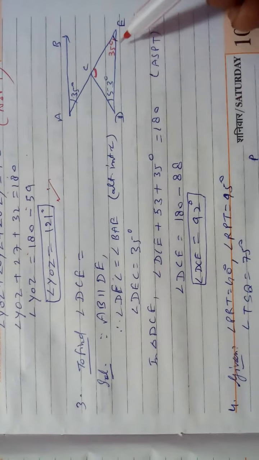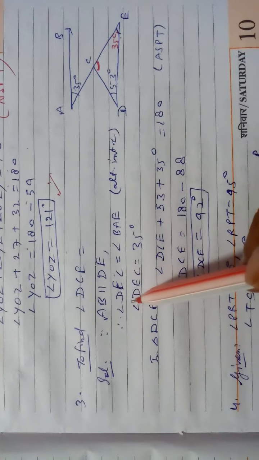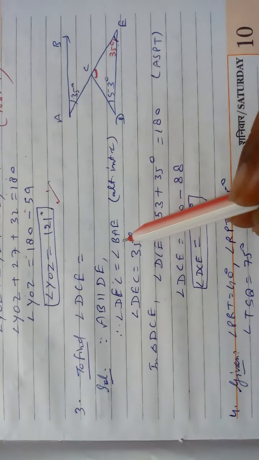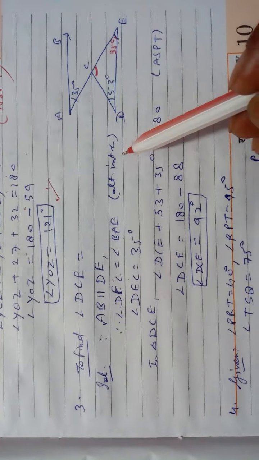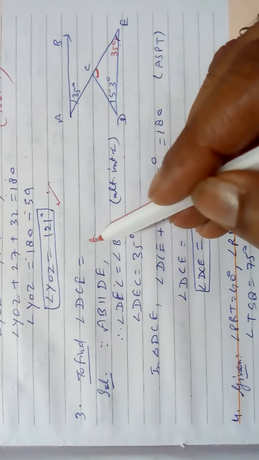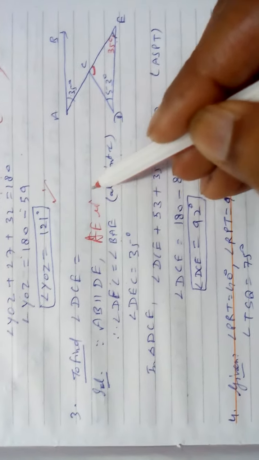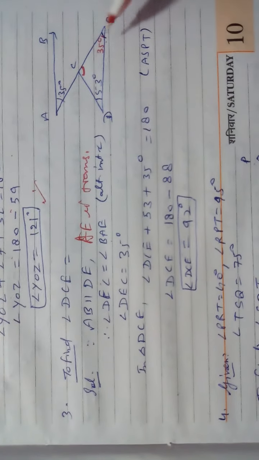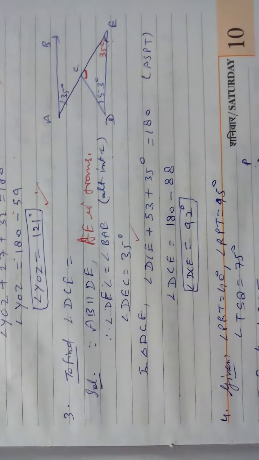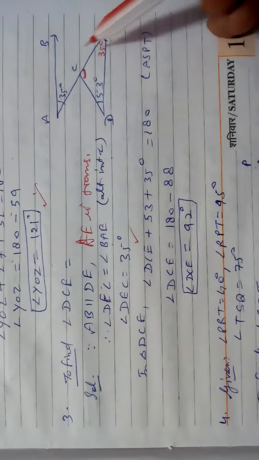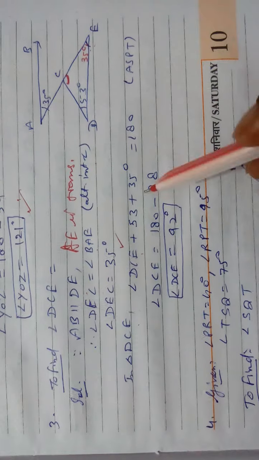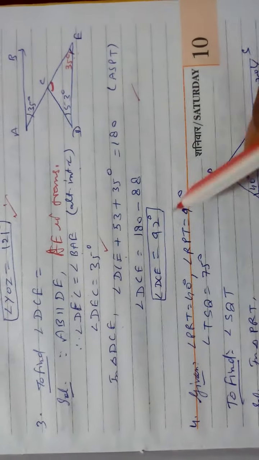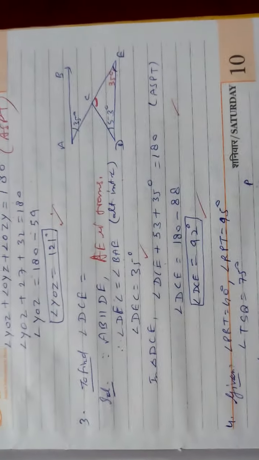AB is parallel to CD, so DEC is equal to BAE because of alternate interior angles, where AE is the transversal. It is 35 degrees. Now in this triangle, applying angle sum property, DCE is equal to 92. Very simple.